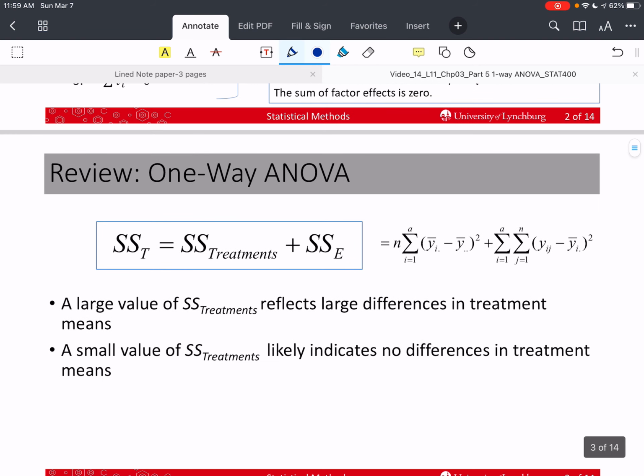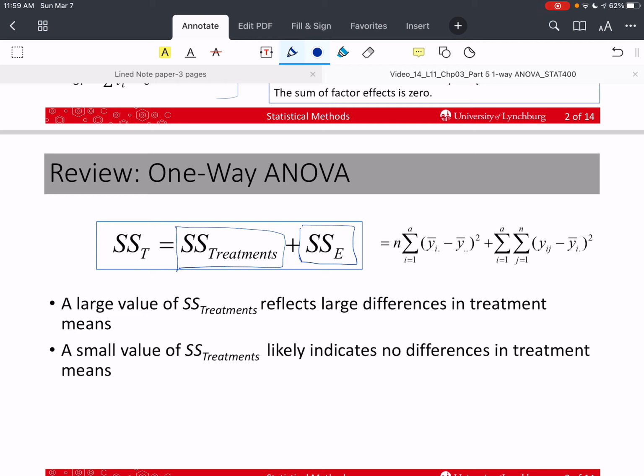We've talked about the essence of one-way Anova, which is the decomposition of the total sum of squares differences into the sum of squares based on treatments, and then the sum of squares that's left over we call sum of squares error because it's not accounted for.